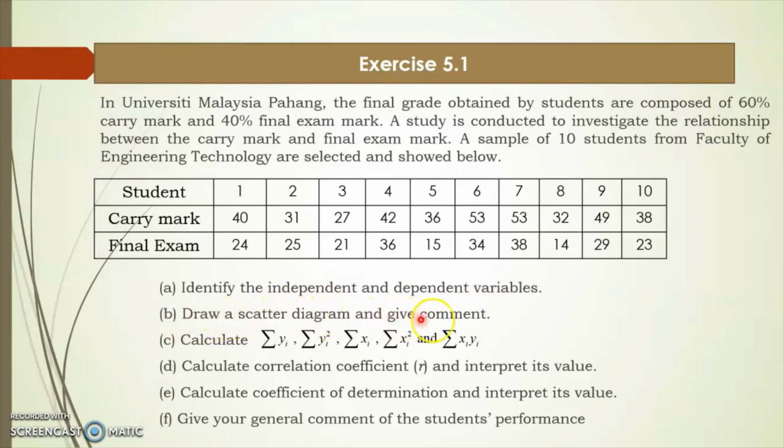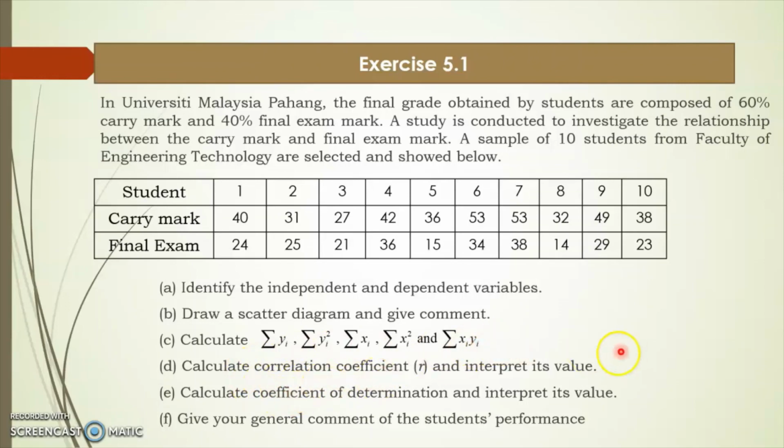Draw a scatter diagram. You may want to do this. You can also skip question B. I want you to calculate the summation of y, summation of y squared, summation of x squared, summation of xy using your calculator. Don't construct the table. Just use the features in your calculator to immediately get all the summation values.